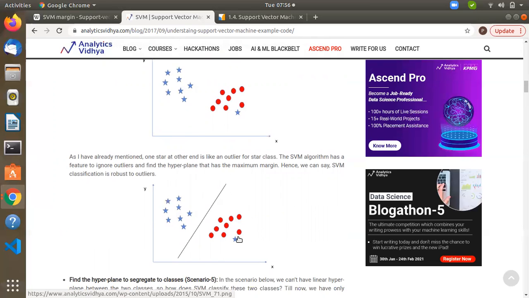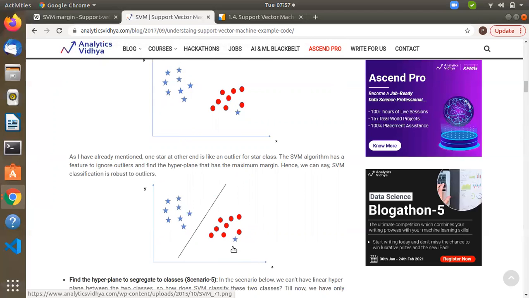But this particular data point is misclassified. It is an outlier. What do we have to do in such cases? In logistic regression, it would be classified as a red point.